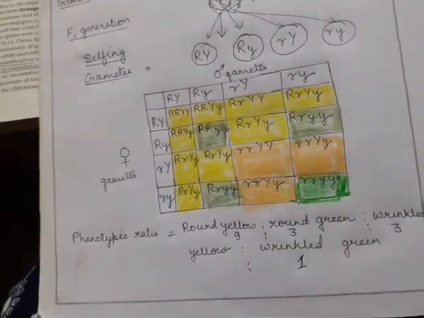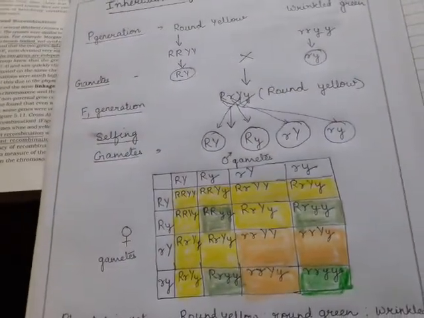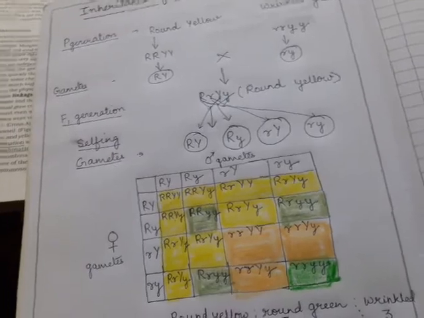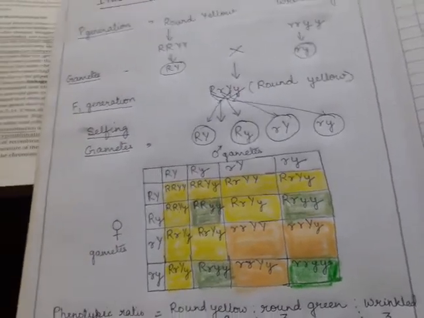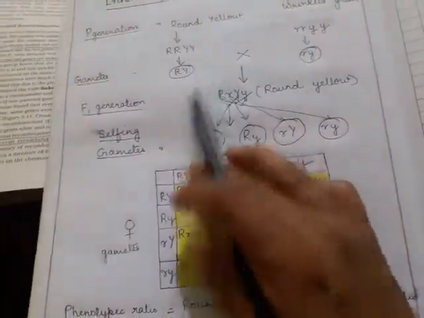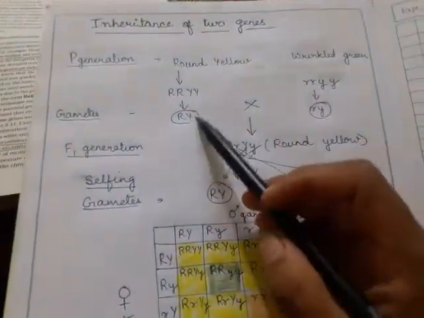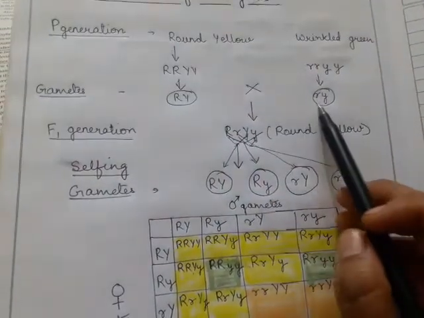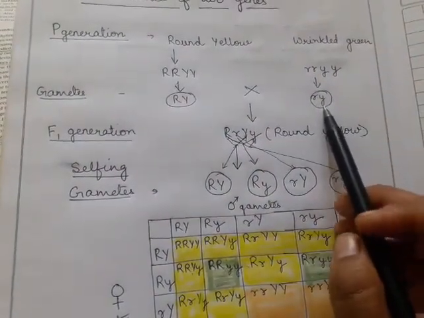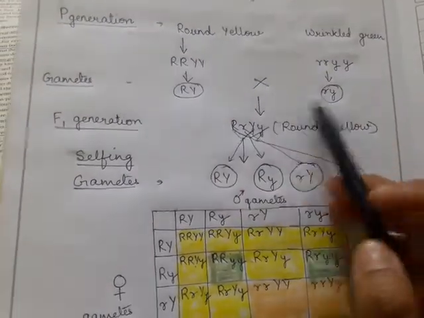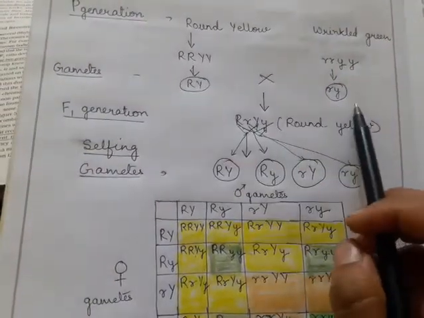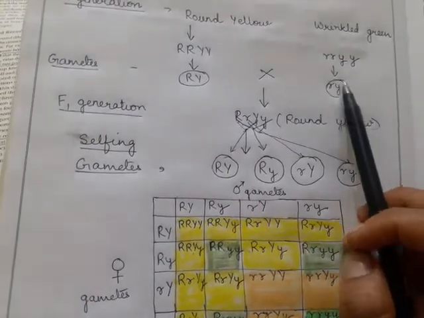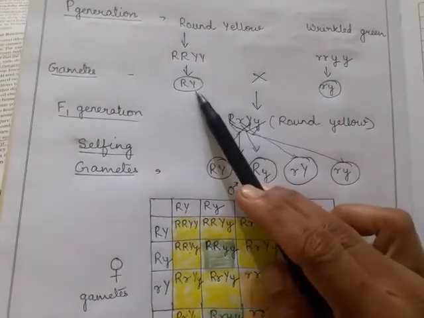The phenotypic ratio is 9:3:3:1. Based upon that, the law of independent assortment was put forth. You can see that although round and yellow were found in the same plant, and wrinkled and green were found in the same plant, they were not linked together.